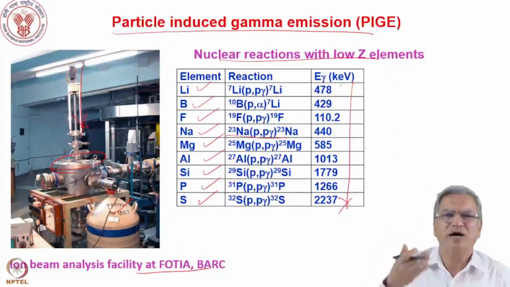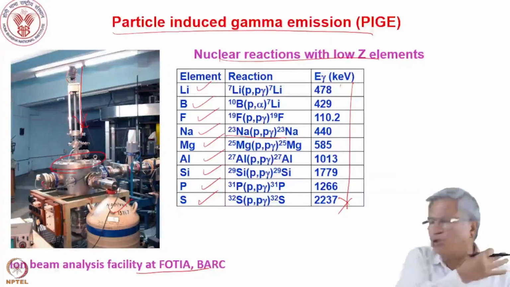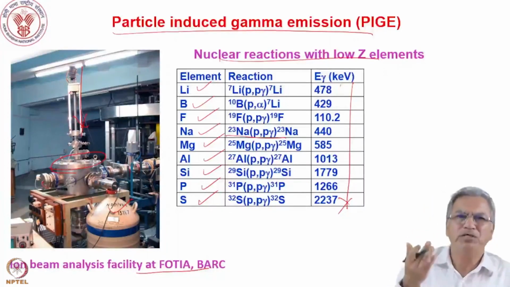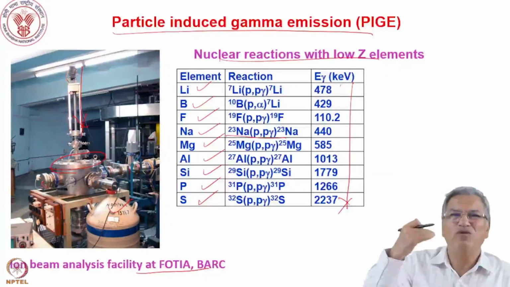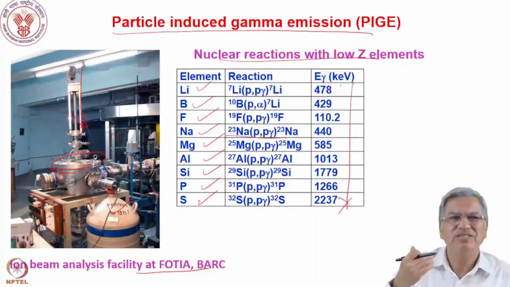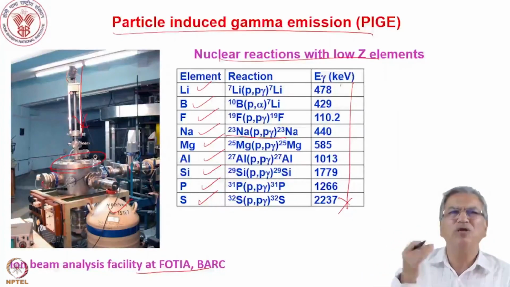Once you go to higher mass target isotopes, like let us say iron, cobalt, nickel, what happens? First of all, you have to cross the Coulomb barrier, so you have to have higher energy. Once you have the high energy proton beam, the compound nucleus will be formed with a high excitation energy, and so it will evaporate neutrons. So you will not have one reaction.